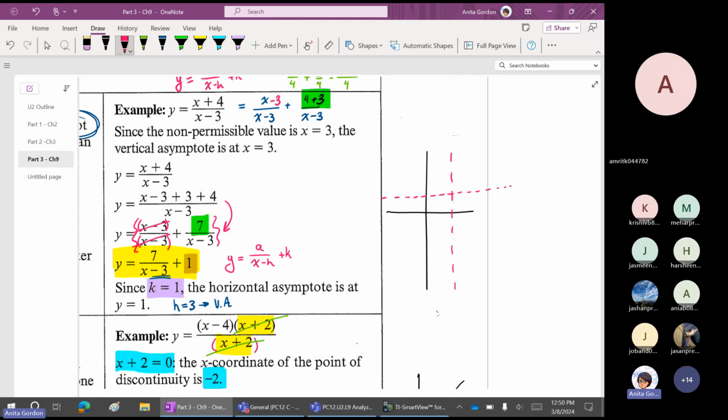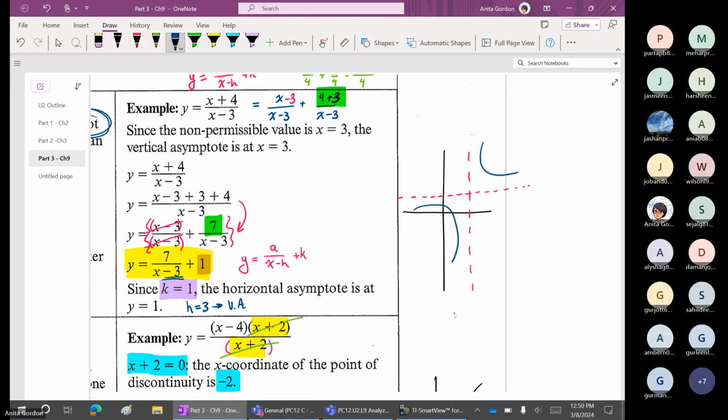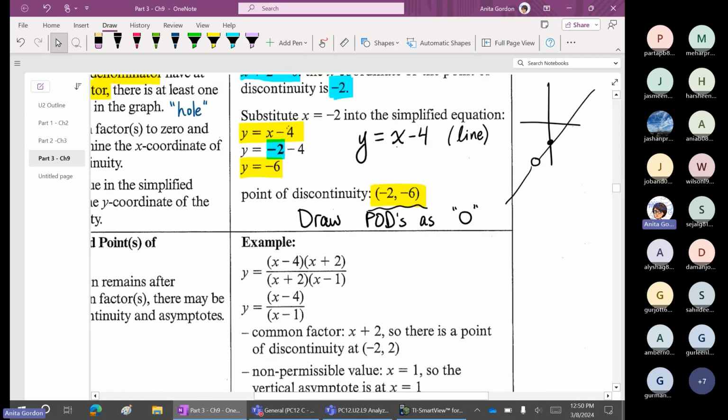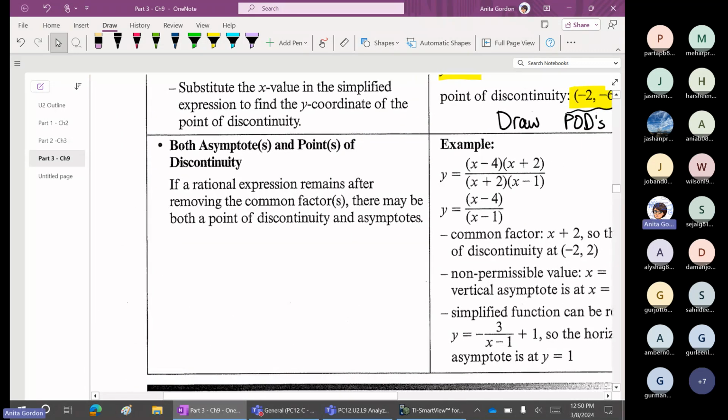Holes are holes. So in this sketch, because my leading coefficient is positive, my graph will look like this. We cannot touch the pink lines. Here, my simplified equation is a line, but there's a hole in the middle.